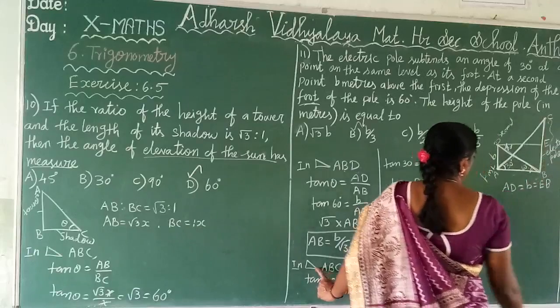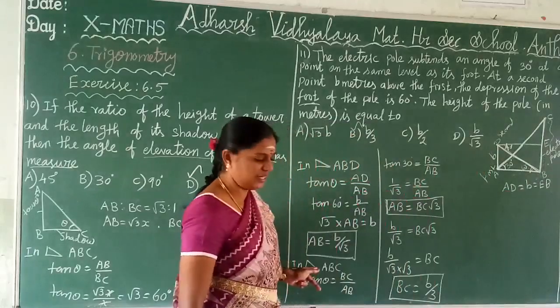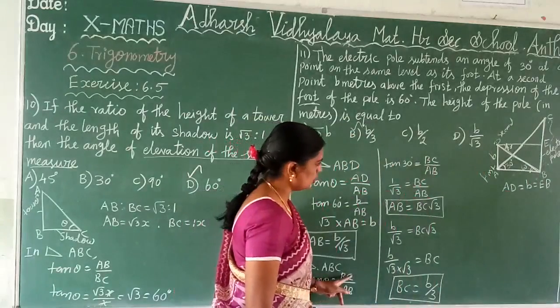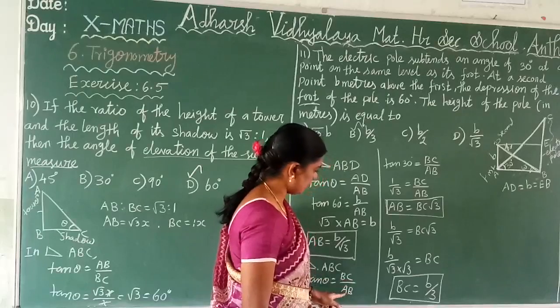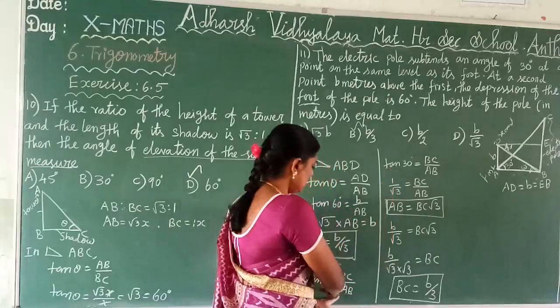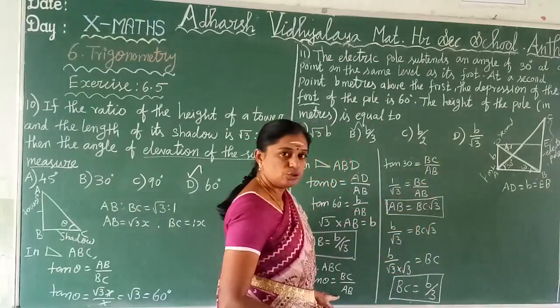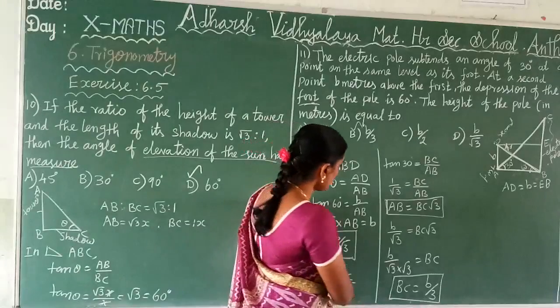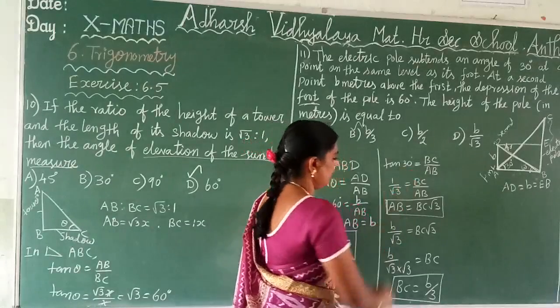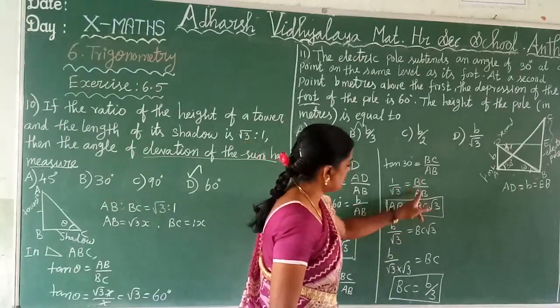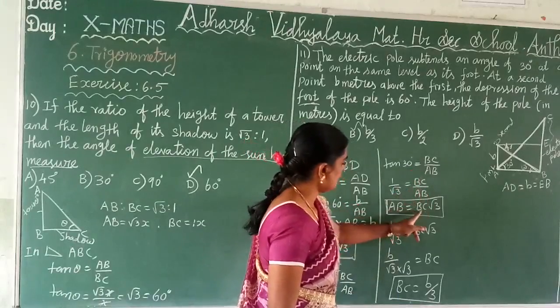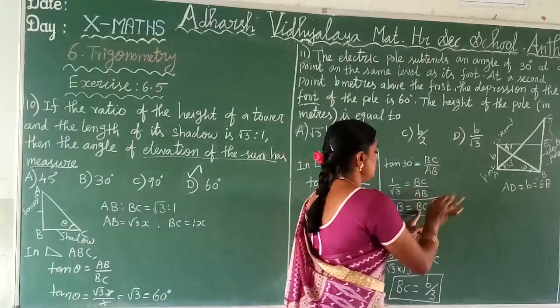We need the electric pole height. Opposite by adjacent means tan theta. So tan theta is equal to opposite BC by adjacent AB. Here theta is 30 degree, so tan 30 degree is equal to BC by AB. Both values are unknown. Applying tan 30 degree, the table value 1 by root 3 is equal to BC by AB. Cross multiply: AB equals BC root 3.